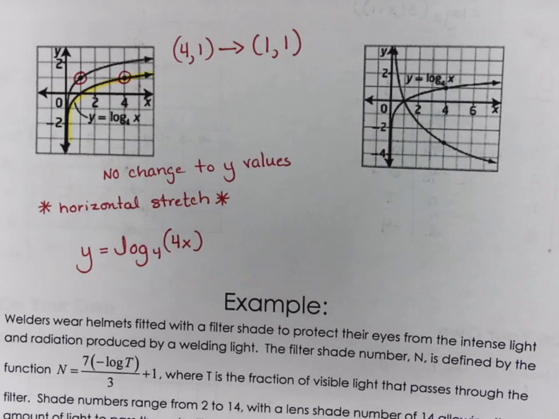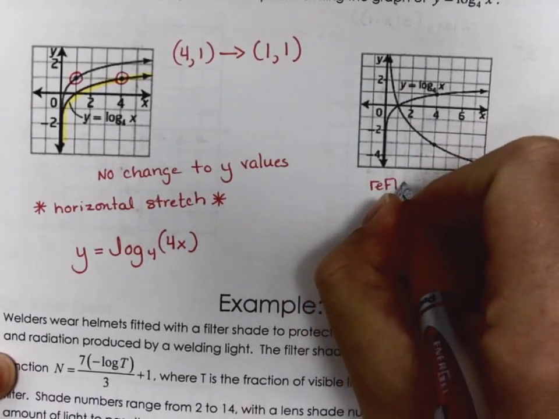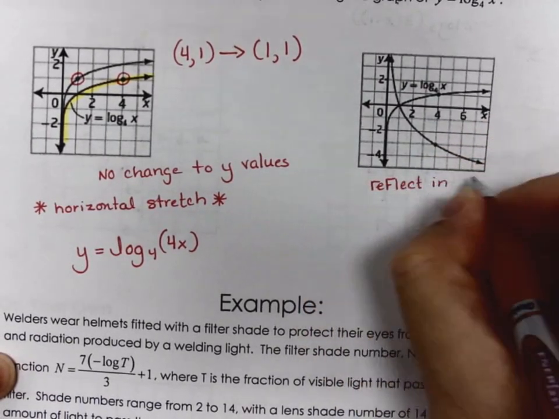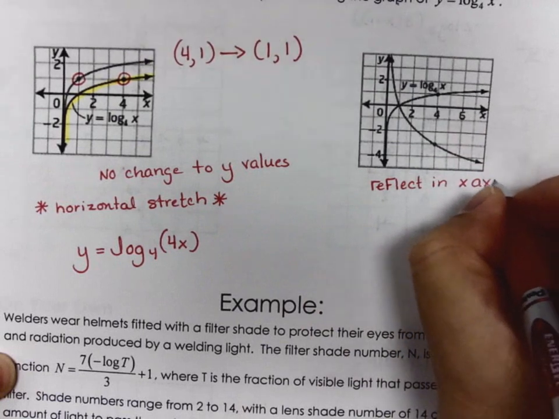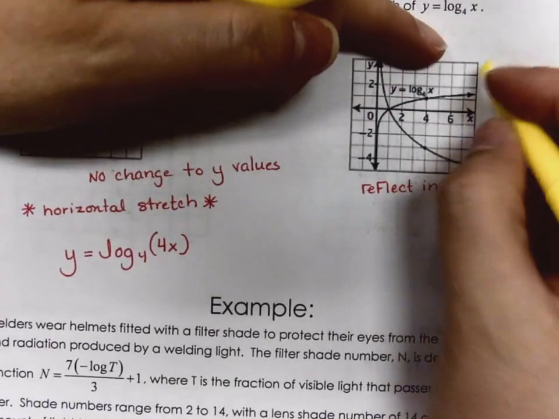Okay, next graph. We were an overhand throw, now we're an underhand throw. So what happened? A reflection where? X-axis. Let me get my handy dandy highlighter again.